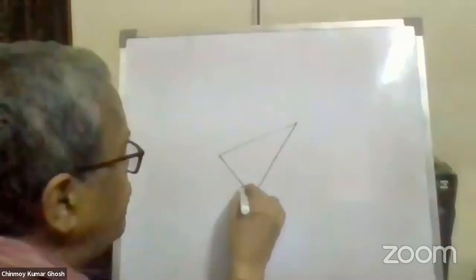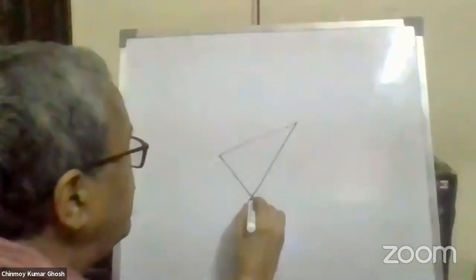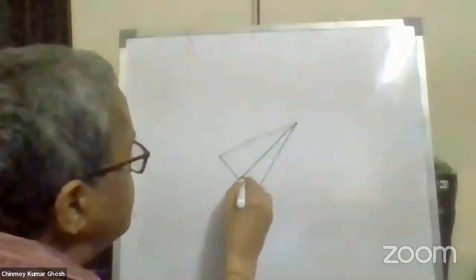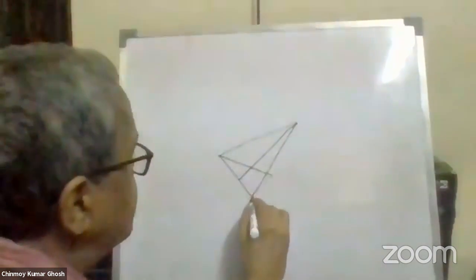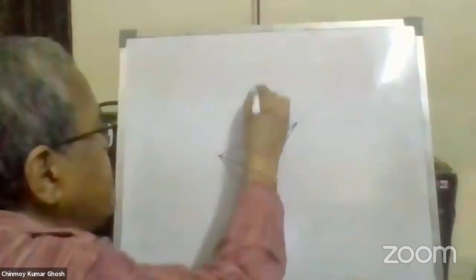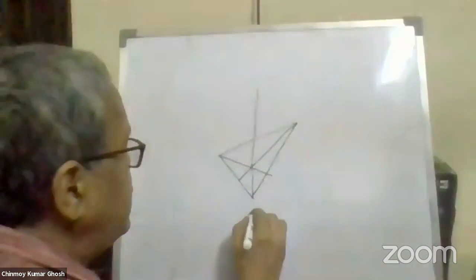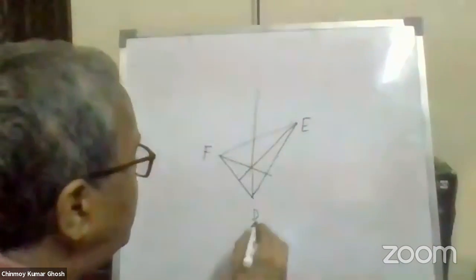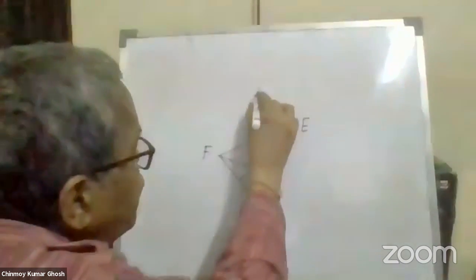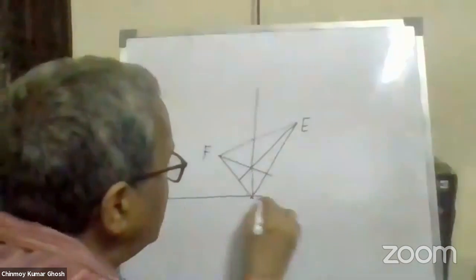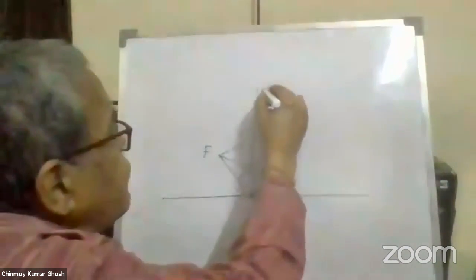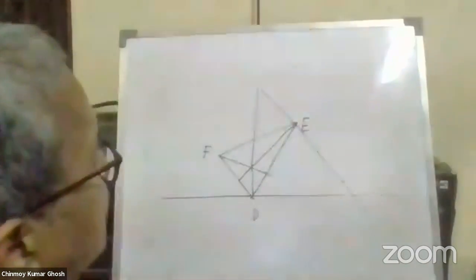This was the pedal triangle. These were the 3 points D, E, F. You draw the angular bisectors at these points. This is one of the angular bisectors, so you draw the perpendicular.